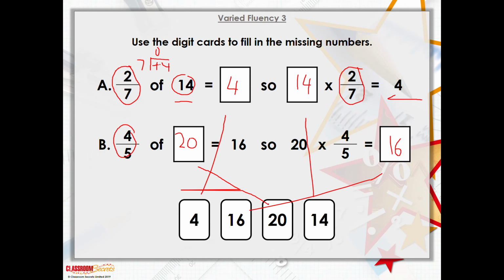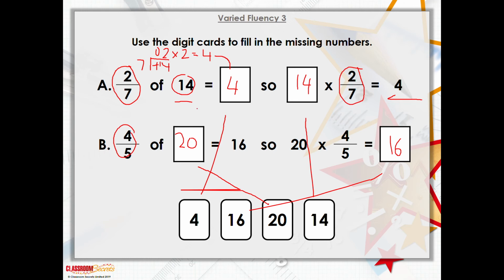I need to exchange my 1 10 and make it into 14 1s. 7's into 14 go 2. And then I want to times it by my numerator here, which is 2. And notice it is 4. This answer matches the answer just here.